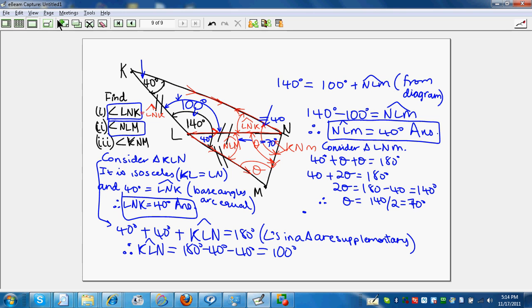Therefore, the angle that we are looking for, which is KNM, will be equal to 40 plus 70, which will be equal to 110 degrees. And that as well was an answer.